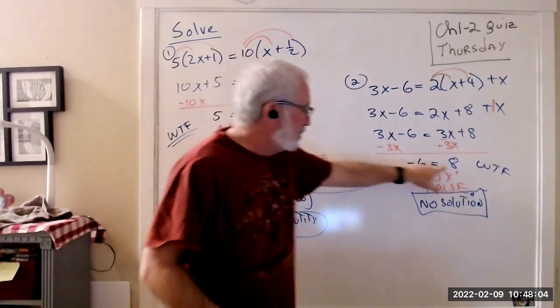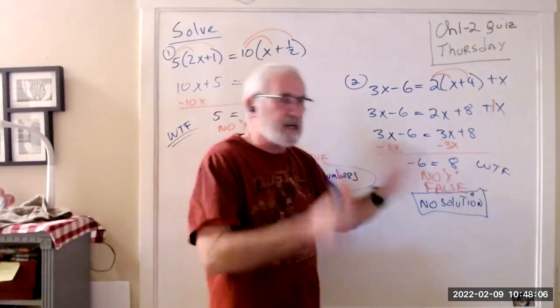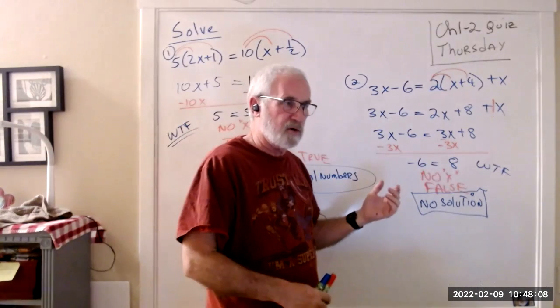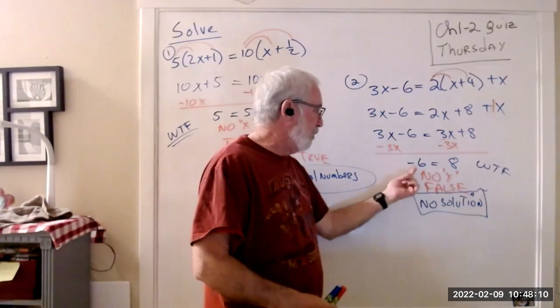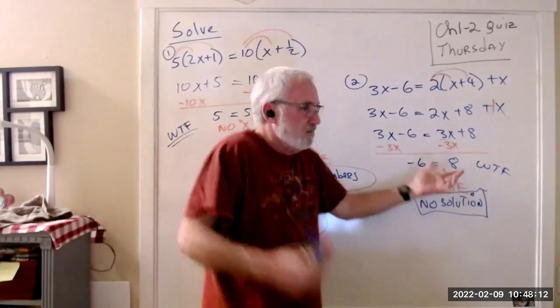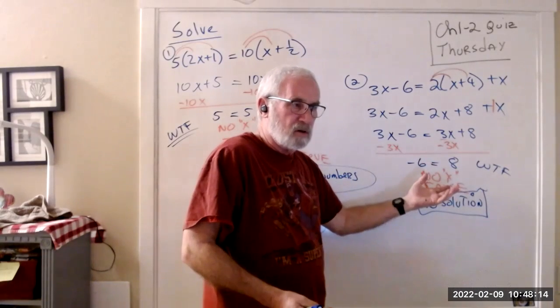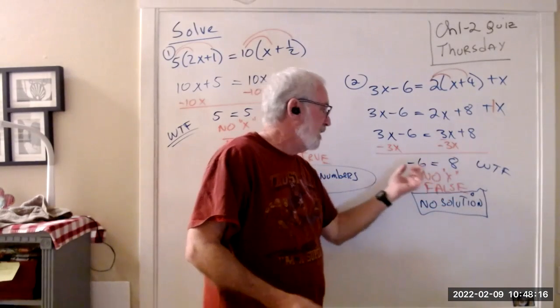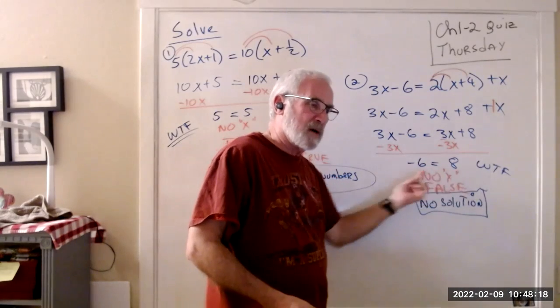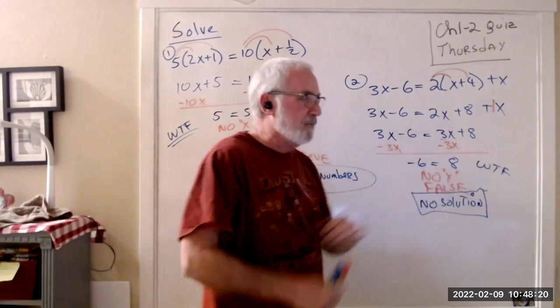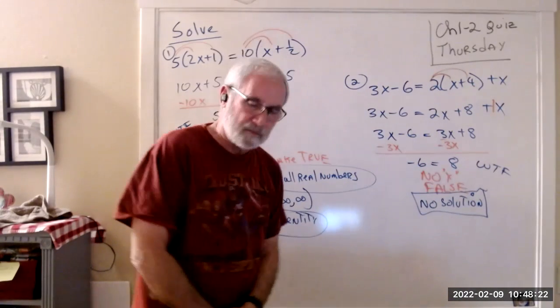And it's not just -6 and 8. It's anything that's not equal to each other. If I wrote 5 equals 7, that's impossible. It's not the numbers, it's what the numbers are trying to tell me. All right, I'll be quiet now. Questions?